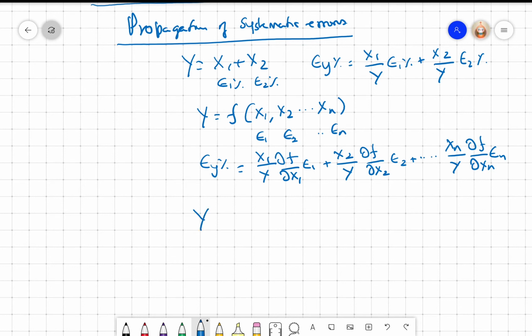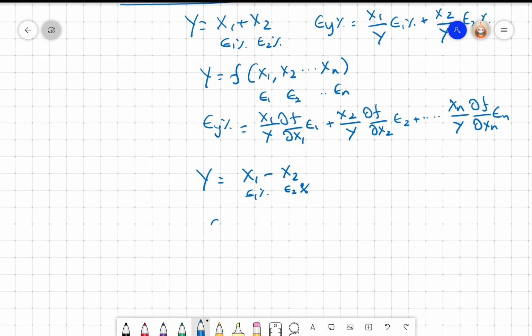For example, if I have y equal to x1 minus x2, right, where this has epsilon 1% error and this has epsilon 2% error, then epsilon y, of course I can say x1 by y into dou f by dou x1. x2 is an independent value compared to x1, so if I differentiate, this will go to 0, so I'll get 1, right? So into epsilon 1% plus x2 by y. I'm using this formula, x2 by y.